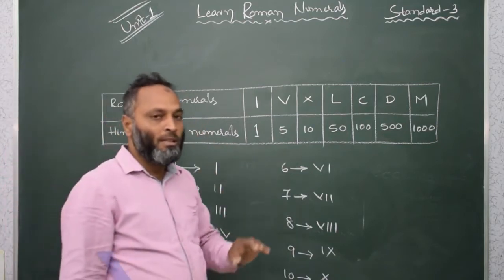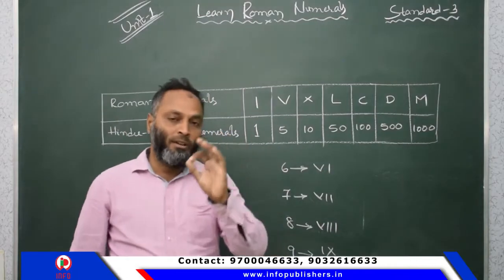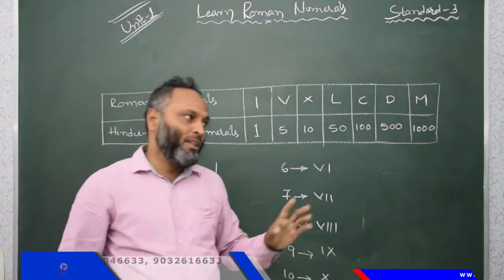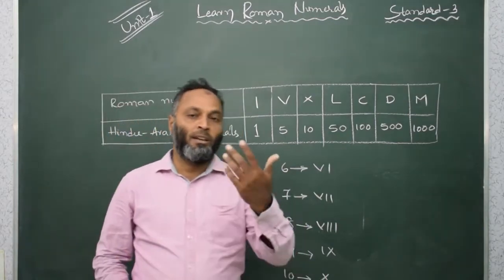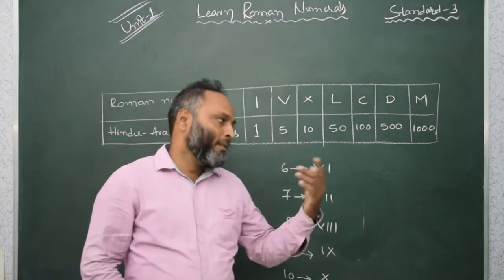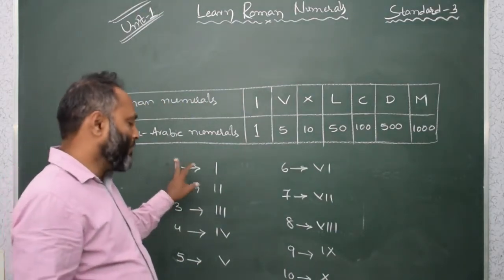In Roman numerals, some conditions were there for how to represent numbers. We are going to discuss those conditions and how to write. Before that, you should know the representations from 1 to 10.